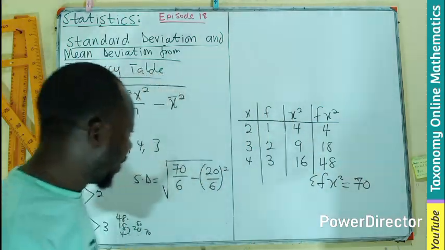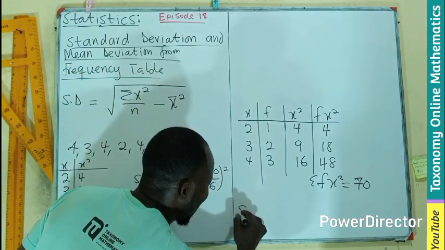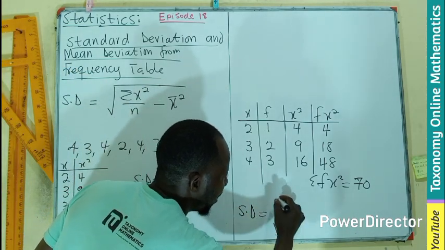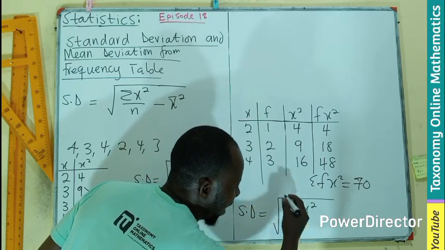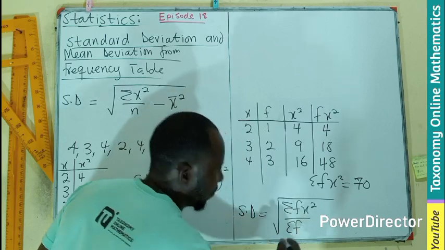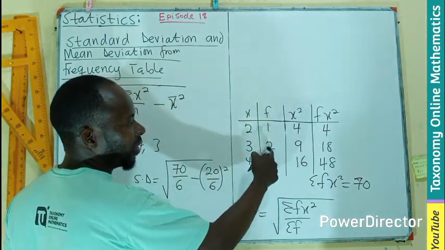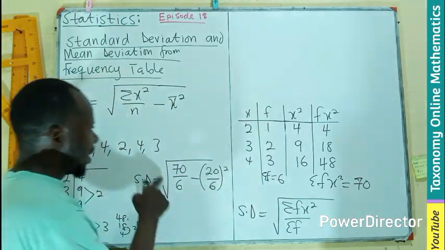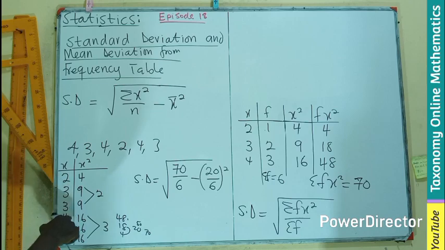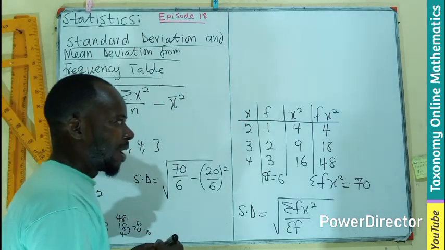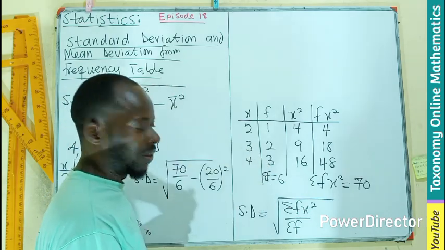All of these, if I add, I get 70. So instead of putting sigma x squared, the standard deviation is going to be the root of sigma fx squared divided by sigma f. Why sigma f? Sigma f is the total frequency, the number of items, which is 6, as I listed 1, 2, 3, 4, 5, 6.